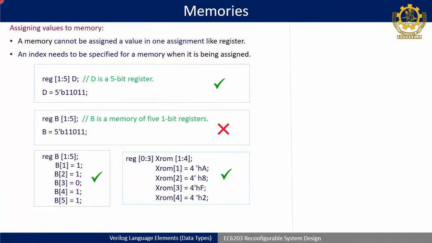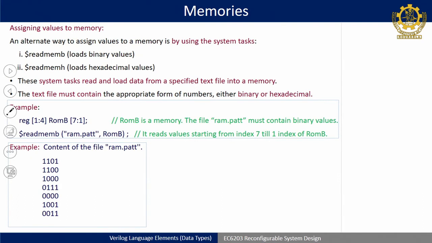Okay, so we are discussing how to assign values to memory. One way is that you directly give an index to each value and assign the values individually like this. Another way is assigning values to memory by using system tasks.